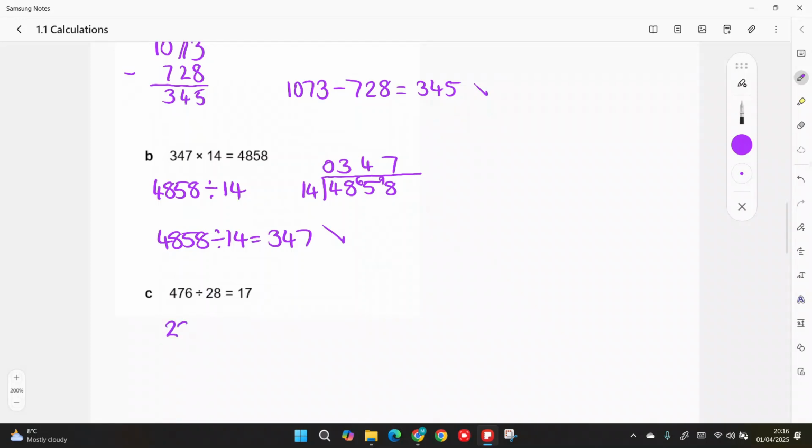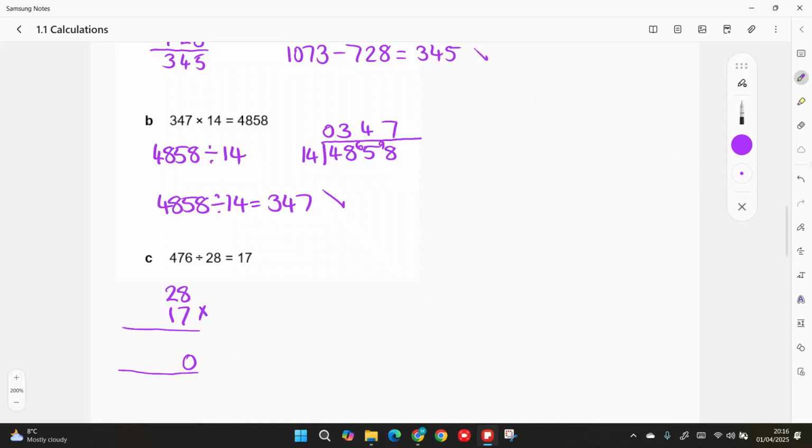So again, I can apply an inverse operation, and I can do 28 multiplied by 17. 8 times 7 is 56, 2 times 7 is 14, add the 5, 19, and then we have 8 times 1, which is 8, 2 times 1, which is 2, add them together, 6, and then 7, 476. So our answer, 28 times 17 is 476.